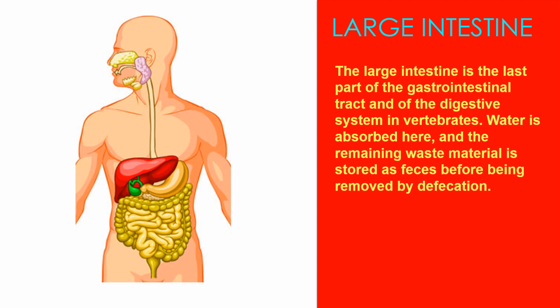Large intestine. The large intestine is the last part of the gastrointestinal tract. Water is absorbed here and the remaining waste material is stored as feces before being removed by defecation.